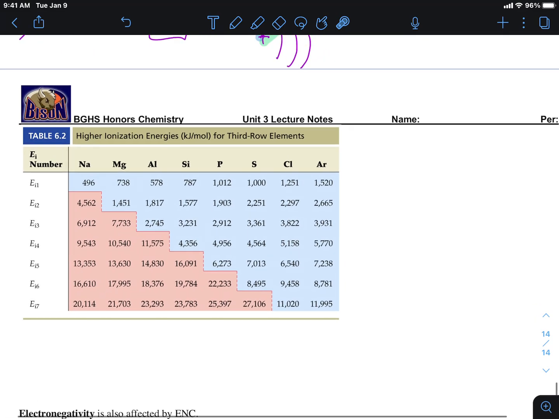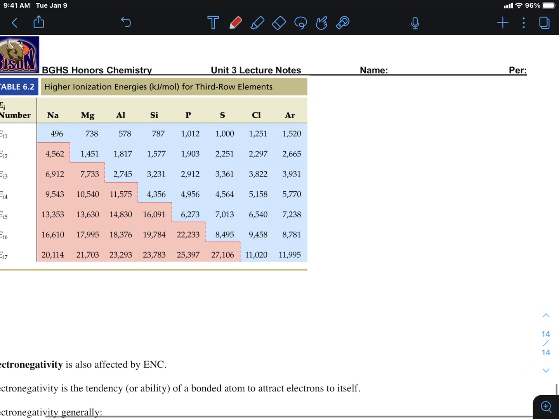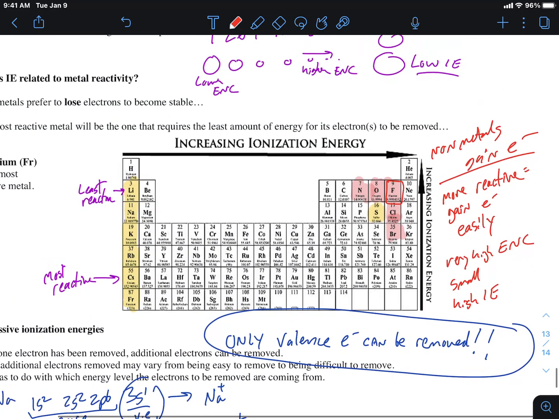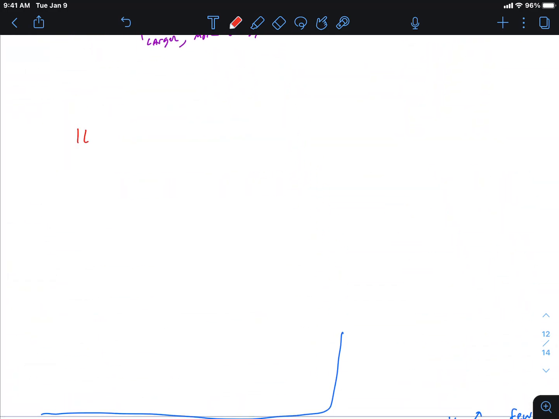Okay, so let me give you some numbers here. I want you to tell me how many valence electrons you think this element has. And I'm going to do that by giving you a list of ionization energies. Okay, so ionization energy 1, IE2, IE3, IE4, IE5, IE6.